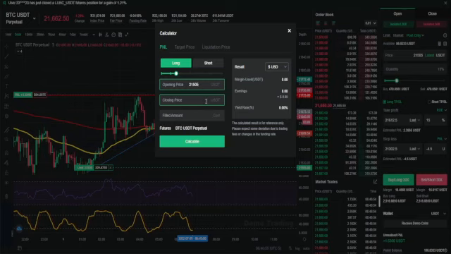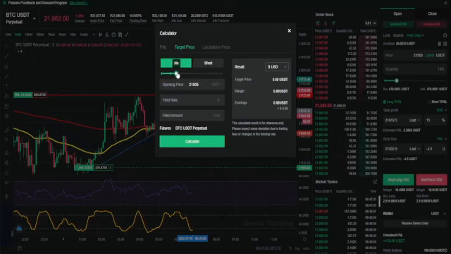Target price, opening price, yield rate, my filled amount is... My yield rate is 0.43.